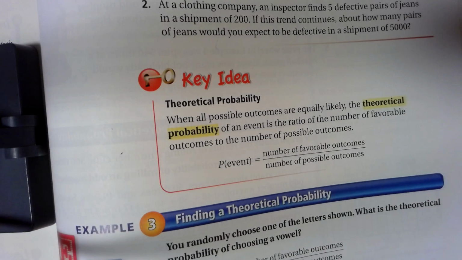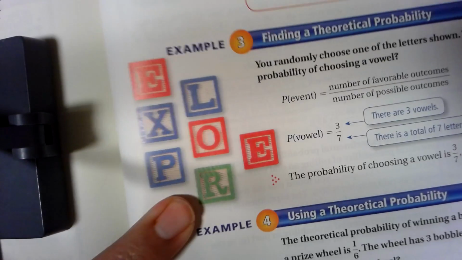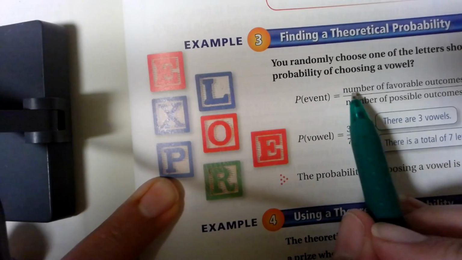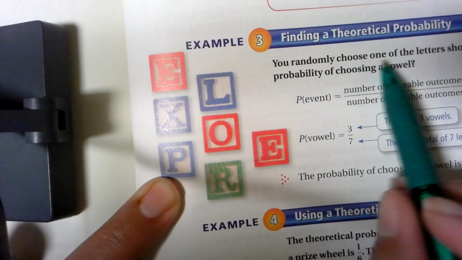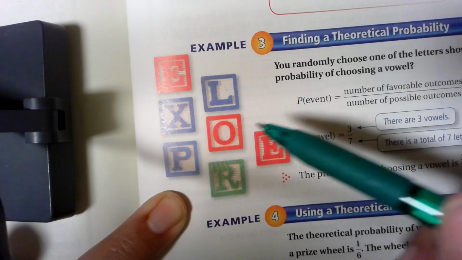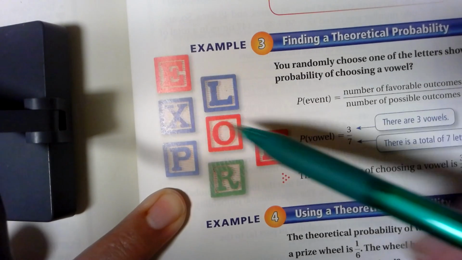All right, so let's take a look at the example in the book. We have these three blocks. They spell "explore." It says you randomly choose one of the letters shown. What is the theoretical probability of choosing a vowel? Well, how many vowels are there? 1, 2, 3. There are 3 vowels.